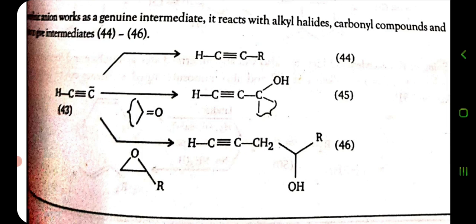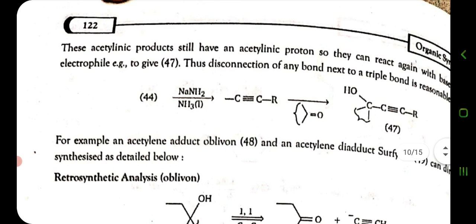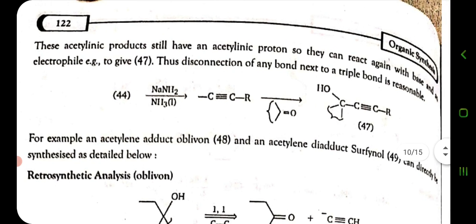The acetylenic products still have an acetylenic proton, so they can react again with a base and an electrophile. For example, disconnection of any bond next to a triple bond is reasonable.